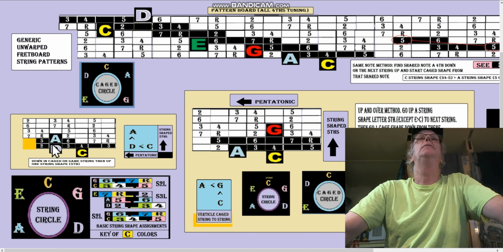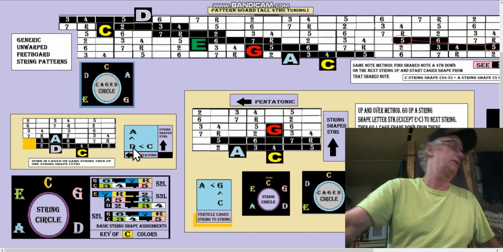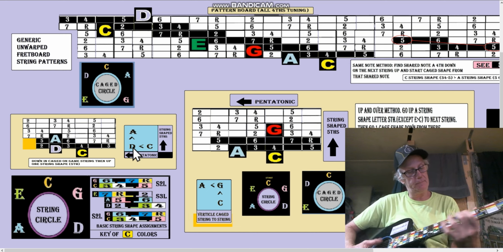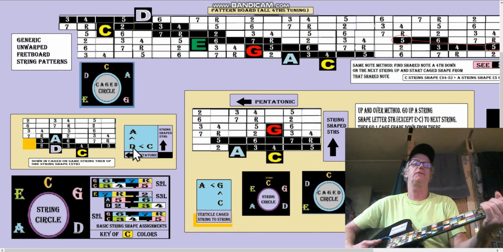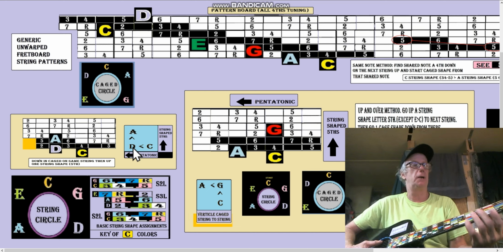So we go from the reverse cage from C to D, which is just an increasing pentatonic scale. So in other words, the C shape here, when we go lower or to the left on the fretboard, we're going reverse cage, so C goes to D, which is actually going up a pentatonic scale.